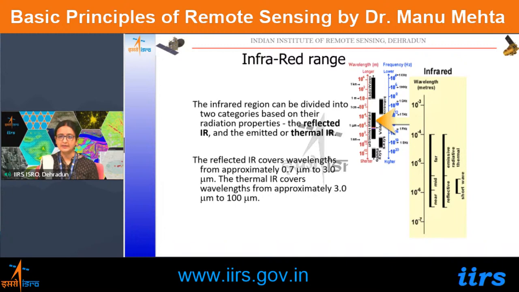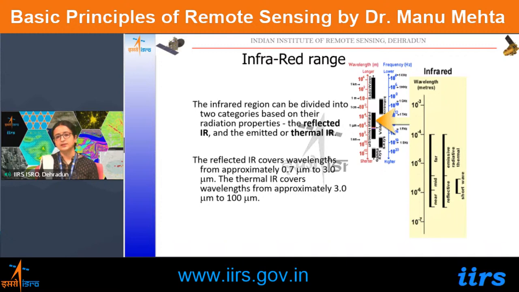Because of the different types of techniques involved in remote sensing in these two parts of the IR spectrum. The 0.7 to 3 micrometer portion we call reflective IR, because most of the radiation or energy is reflected in this part of the infrared regime.